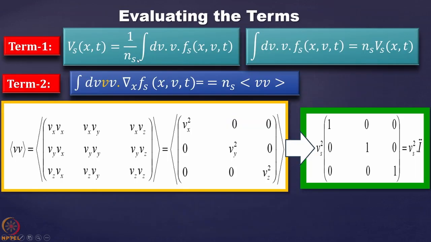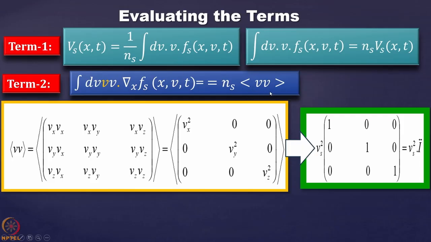Now term 2. Handling this: the integral dv v v and then grad x fs(x,v,t). So this is basically giving you, in the same way as you got this v average over here, here you get the vv average.